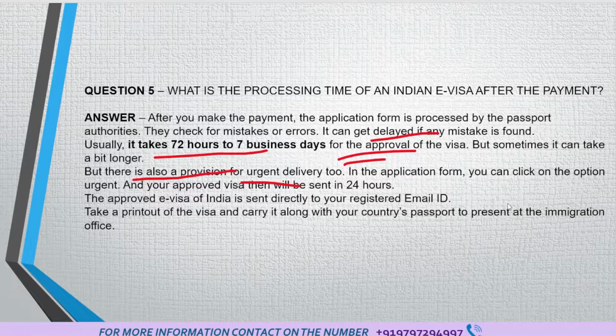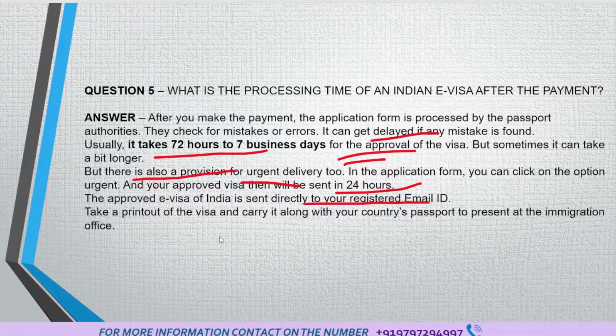But there is also a provision of urgent delivery. You can use this option in the application form. If you want your visa to be delivered within 24 hours, you can use this option. Then your approved visa will be sent to you on your email ID within 24 hours. As the application form is submitted and your visa is approved, the visa is directly sent to your registered email ID.